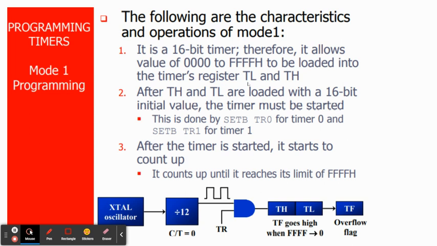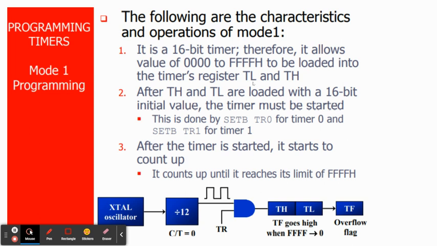Now the TL here means the low byte of the timer, and TH here means the high byte of the timer. If you watched part one of this tutorial series about programming timers, then you will know what I'm talking about: the low byte and the high byte.